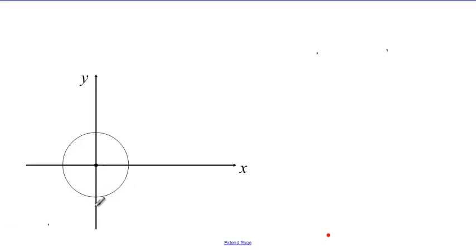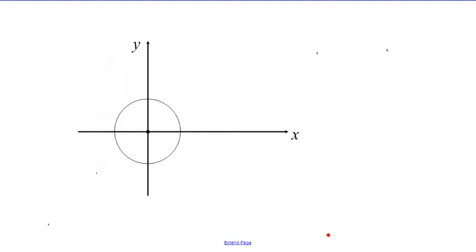We have a circle here centered at the origin, and we can mark this as 2i, minus 2i and minus 2.